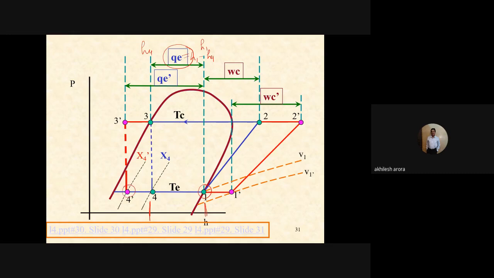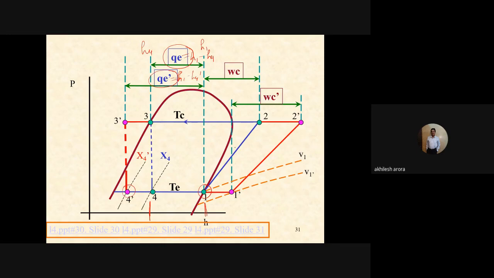So now the value of specific refrigerating effect is equal to H1 minus H4 dash. That means this value has increased because H4 dash is lower than H4. So specific refrigerating effect will increase.